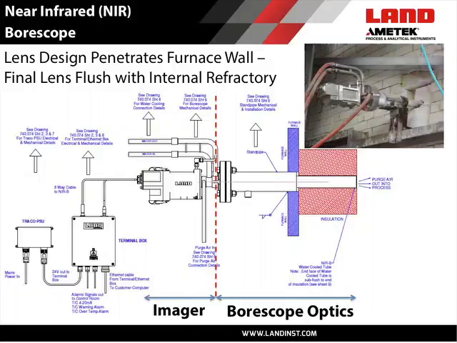From the schematic, you can see that the cooled lens tube penetrates both the furnace wall and the internal refractory and sits slightly recessed into that refractory. The imager is fed by cooling and air purging services which keep it operational in the very high ambient temperatures and the furnace temperatures that the lens tip will see.